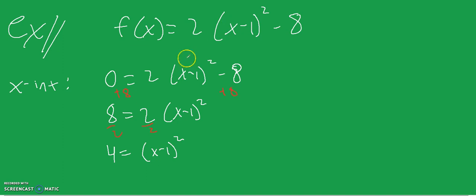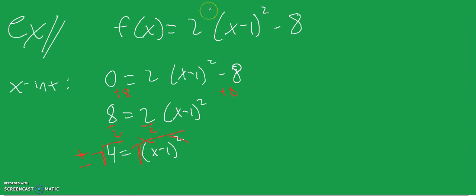Now I take the square root of both sides, and remember that that comes with a plus minus attached to it. When I solve an equation of this form, I have to have this plus minus right here. Then the square root and the square cancel each other out.